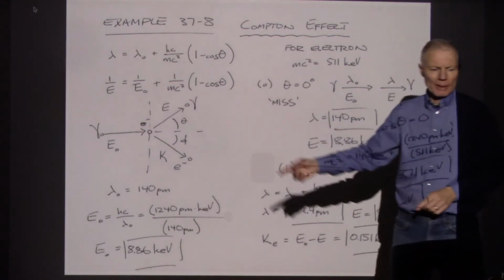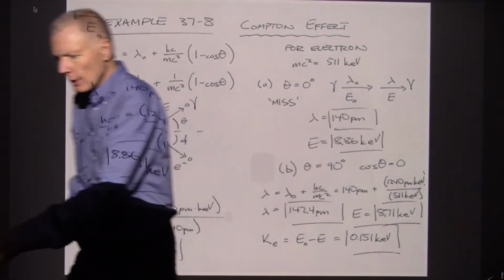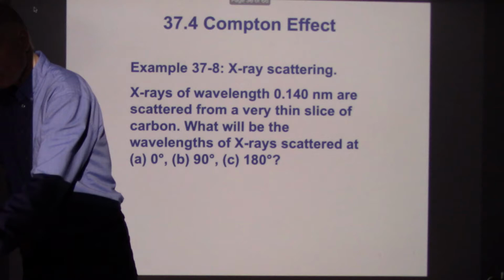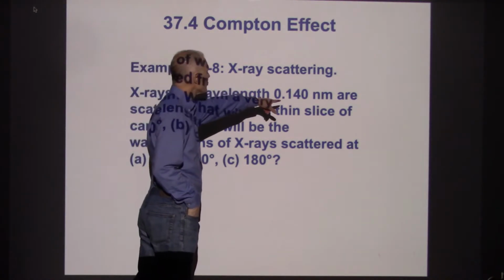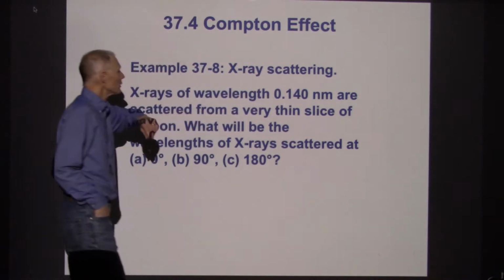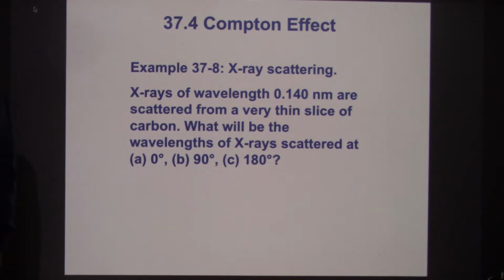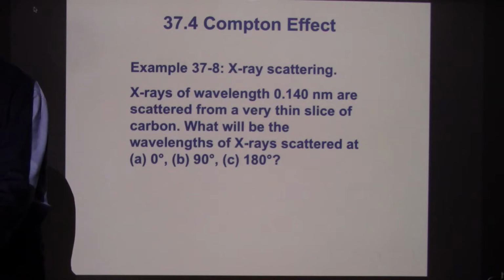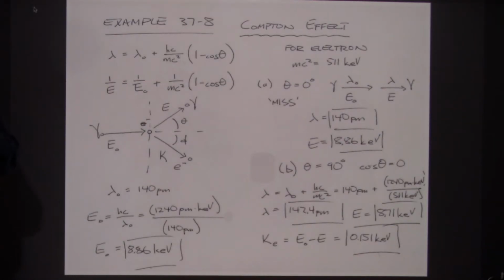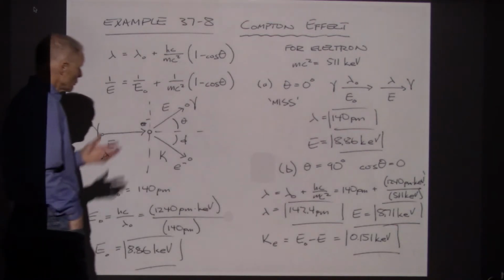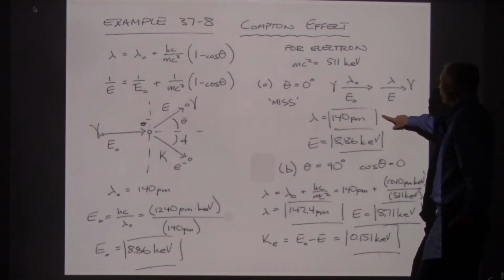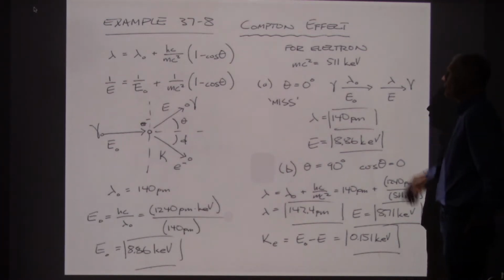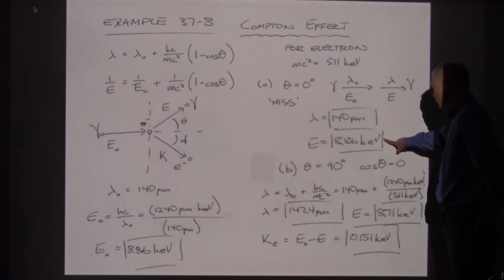I moved the decimal by 3 decimal places, so we're down to 0.140 nanometers. I went ahead and converted into picometers because it's 1,000 times smaller now. These are X-rays, 1,000 times as much energy. The wavelengths are 1,000 times shorter or more than that compared with visible light. So this would be the wavelength, and the energy that we've calculated would be the energy of those photons coming out.